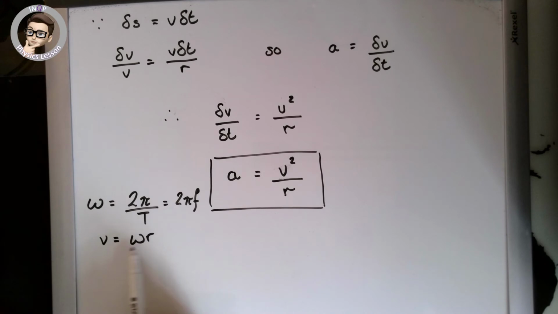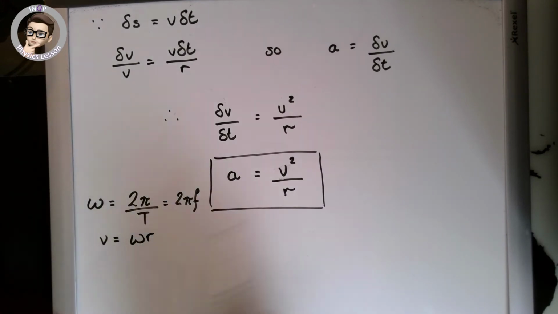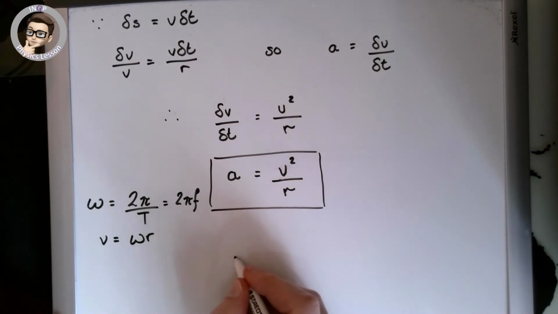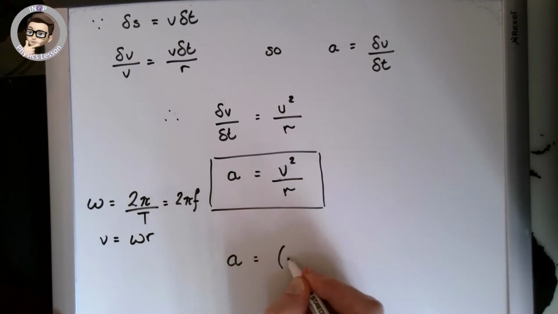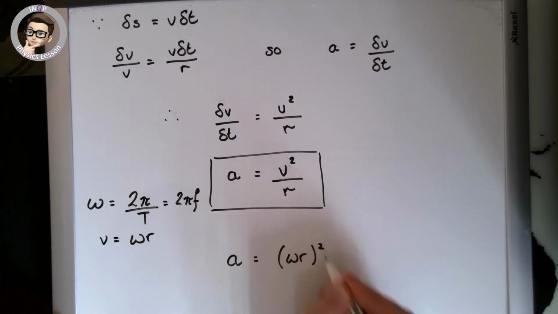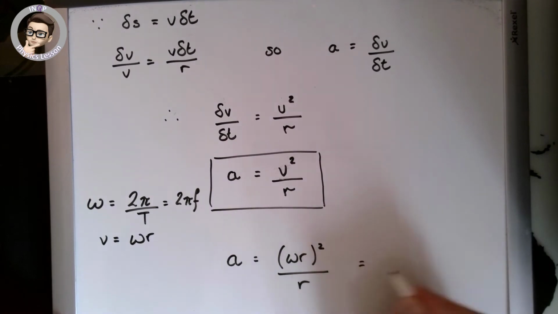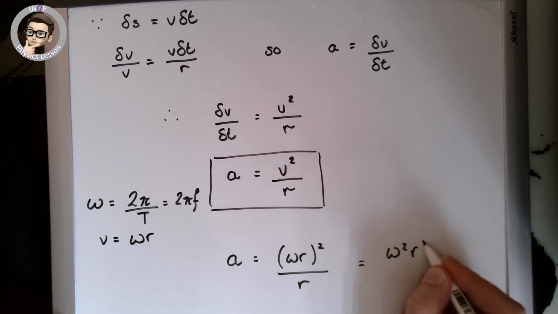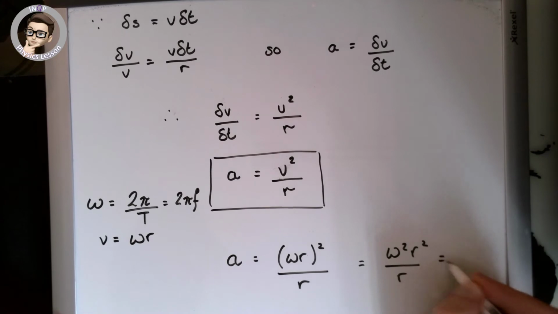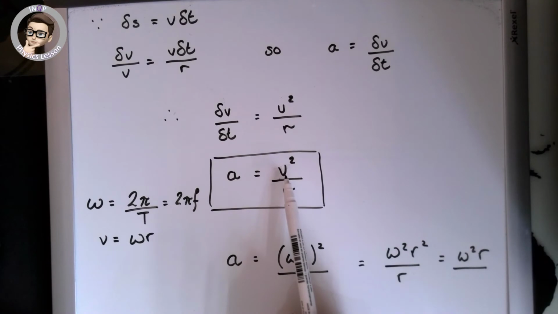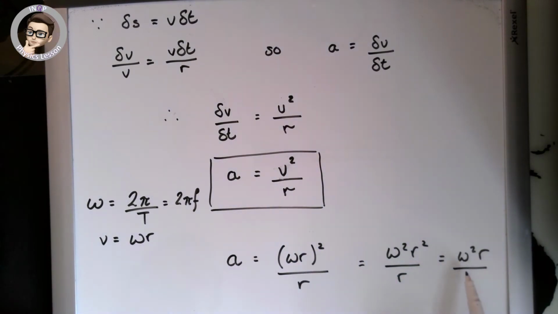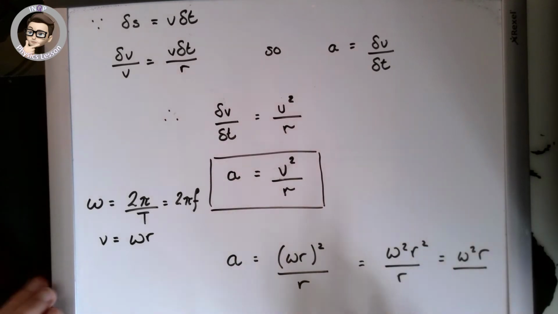So if I've got v squared over r, then my acceleration is equal to omega r all squared divided by r, which leaves omega squared r squared over r, which is omega squared r. So often you can see it as v squared over r, but other times you can see it as omega squared times r. That's another equation we get from this.